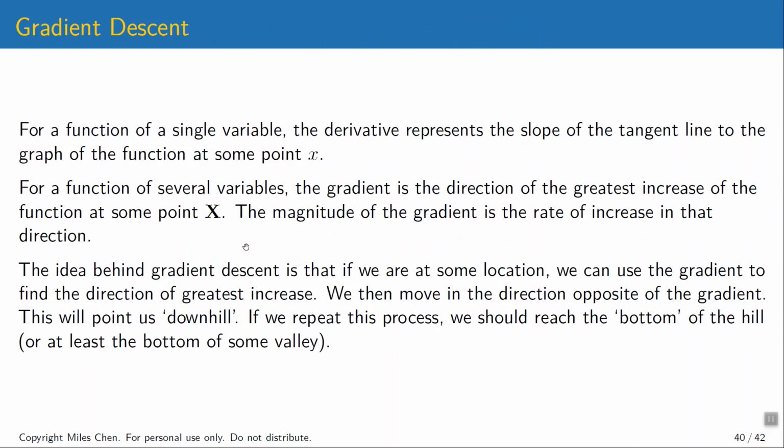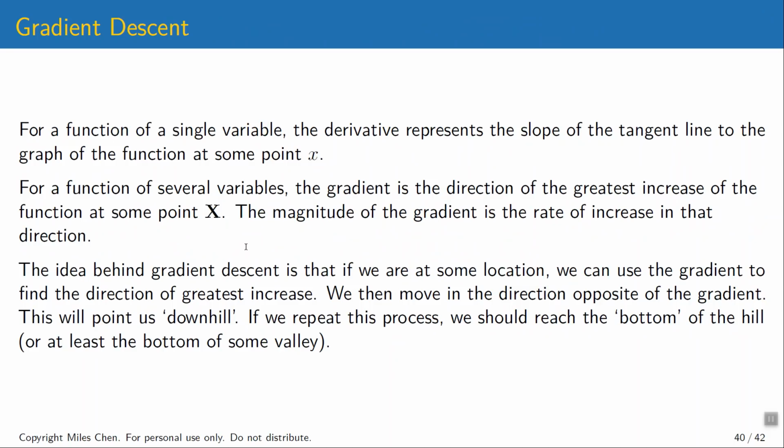The idea of gradient descent is that we're at some location, and the gradient points in the direction of the greatest increase, so we move in the opposite direction, the direction of the greatest decrease at that immediate point. That points us downhill, we take a step down, and we just repeat this process, and we should reach the bottom of the hill, or at least the bottom of some valley.